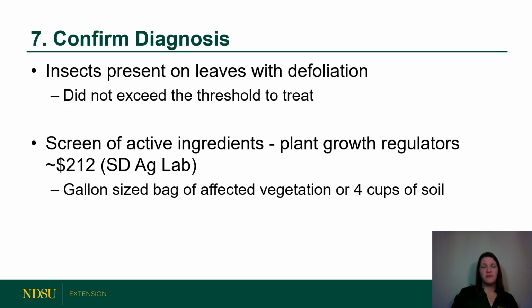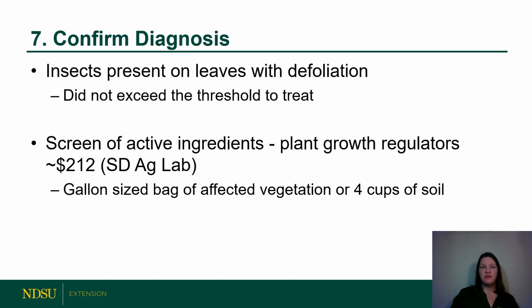To confirm, we saw insects in the field, present on the leaves that had defoliation. Again, we do not need to treat them because they were not exceeding the threshold to treat. The important part, because there's a lot more damage with the growth regulator symptoms, would be screening for active ingredients of plant growth regulators. I did look this up.